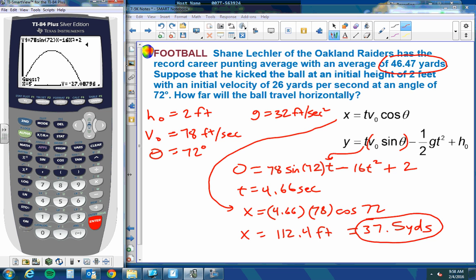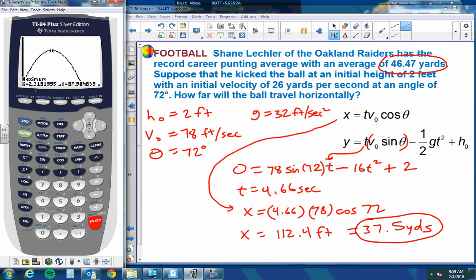And when you're done, it's going to look in that part of the graph and find the maximum. And for when it says guess, I would just press enter, don't worry about it, just let it calculate. And so it turns out the maximum height was around 88 feet, and it happened after 2.3 seconds.